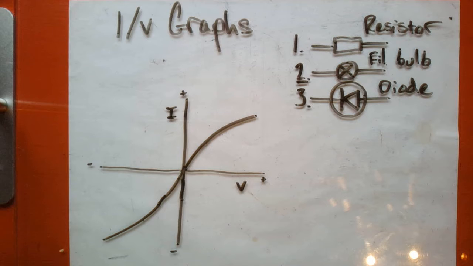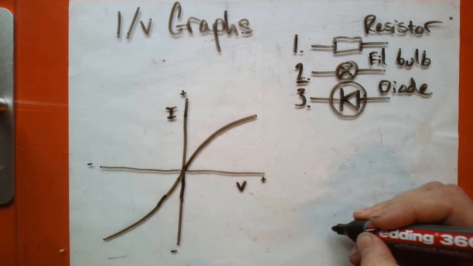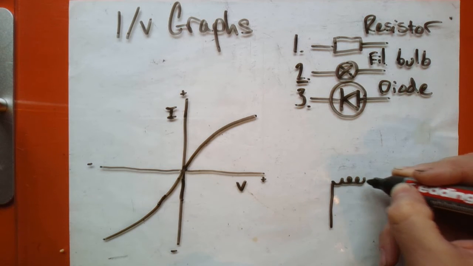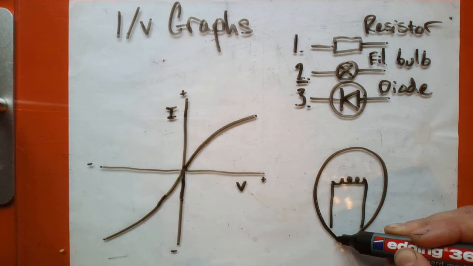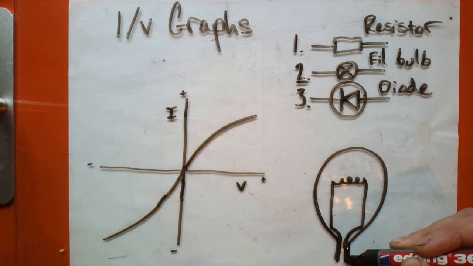Now the next one we're going to look at is number 2, the filament bulb. A filament bulb is very similar to the kind of bulbs that you find in houses and in cars, in car lights, the old style. Inside the bulb it would look something like this.